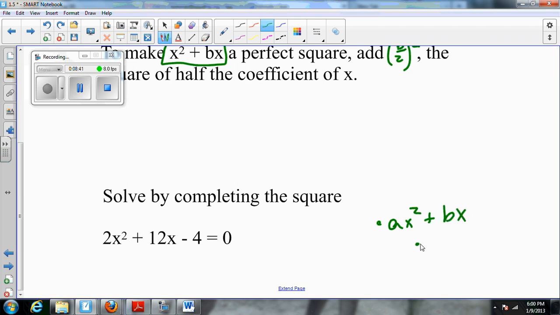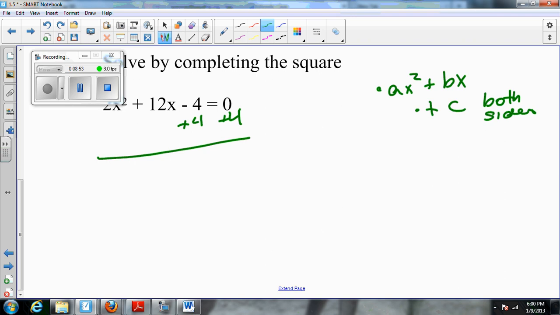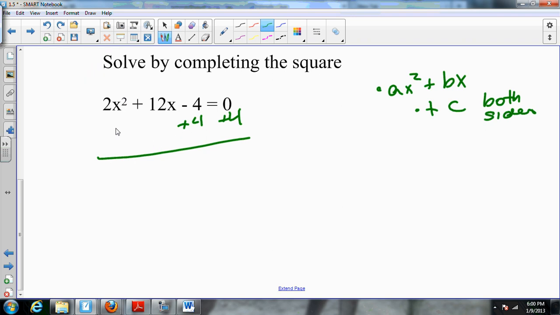So we need to add c to both sides. So add the 4, or subtract it if it was positive. So we have 2x squared plus 12x equals 4.